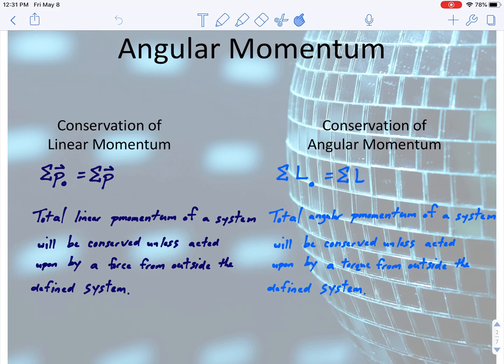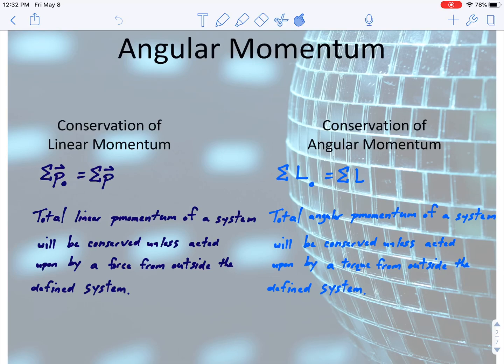Often this is going to be a collision. Sometimes it's going to be objects exploding off of each other. And this will be true unless there is some force from outside the defined system that is changing the total momentum of the system. But if there are no outside forces, the linear momentum must be conserved.